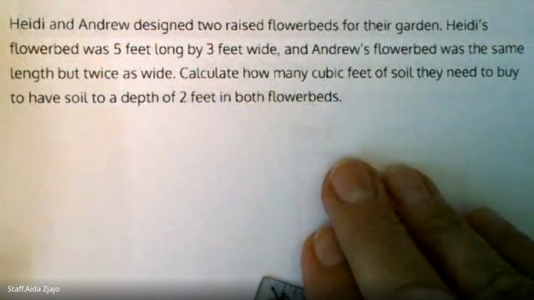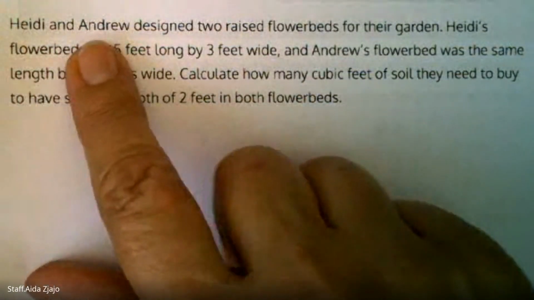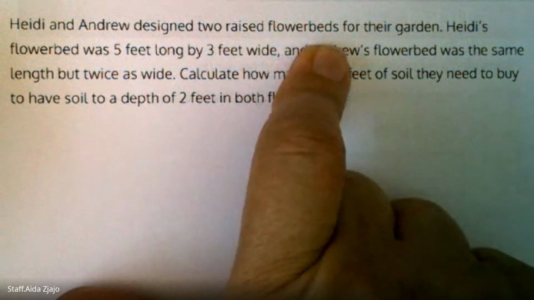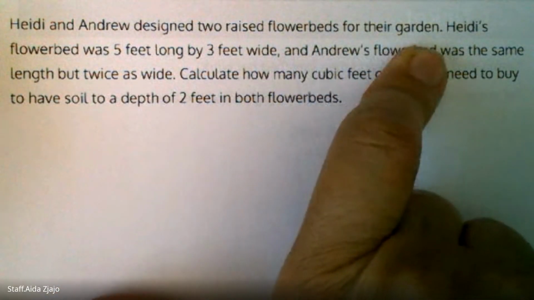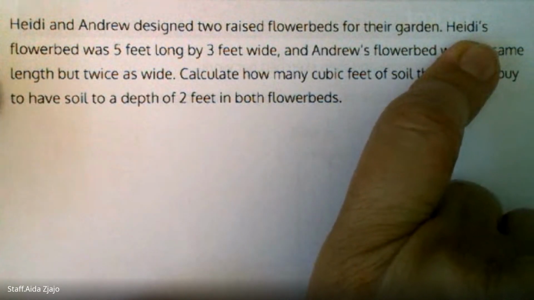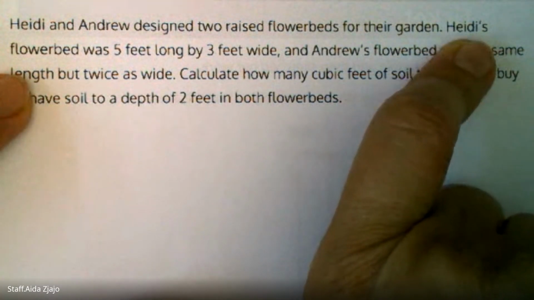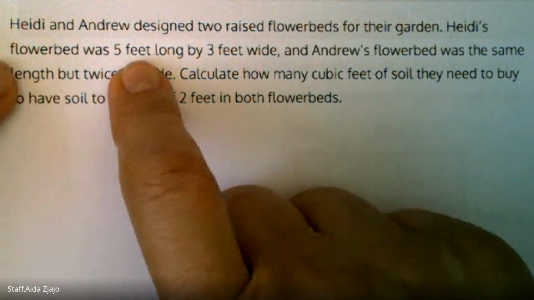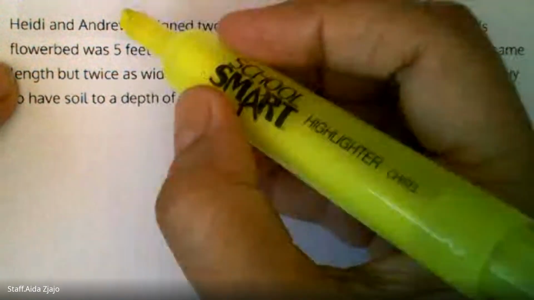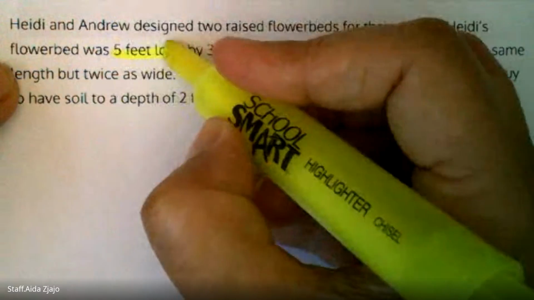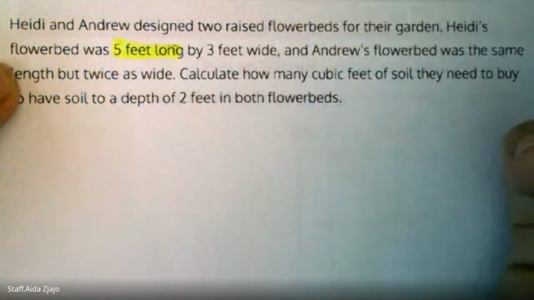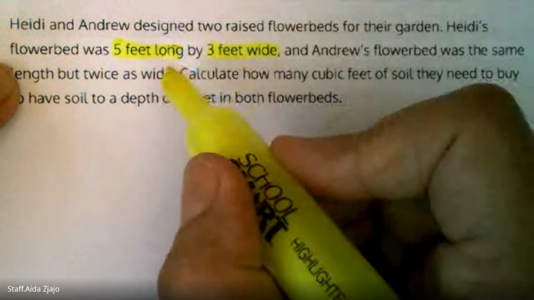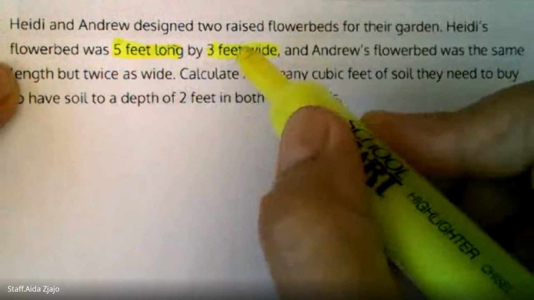Heidi and Andrew designed two raised flower beds for their garden. Heidi's flower bed was 5 feet long, so the length is 5 by 3 feet wide. So it was 5 by 3.